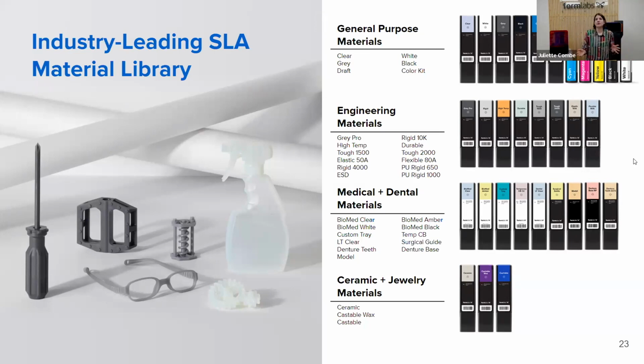I'll show you a lot of different use cases for that, but this really can enable multiple applications and help you prototype parts that are functional and also do functional end-use parts as well. And then we have medical resin and dental material that have biocompatibility certification. And then we have specialty material as well, for jewelry, for example.